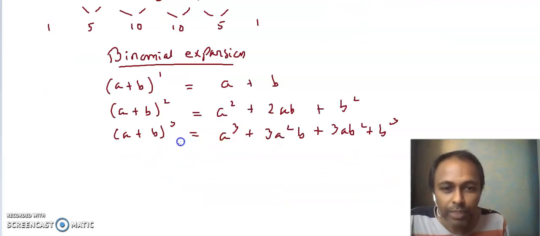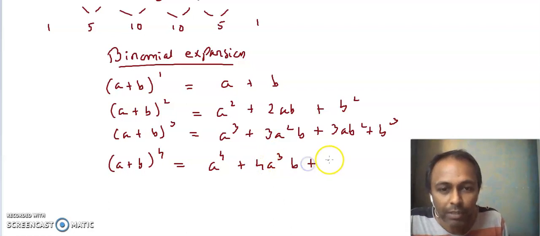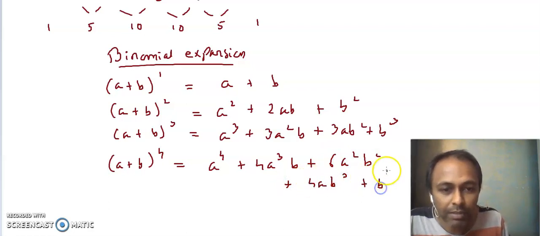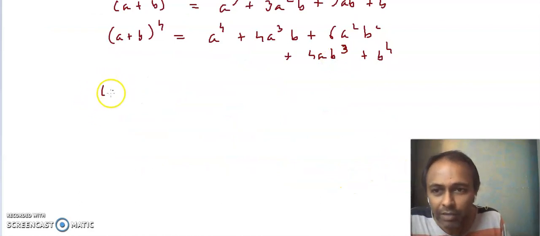Till here, you might be quite familiar with your school syllabus. If we ask you what is (a plus b) raised to 4, then that can be written as a raised to 4 plus 4a cube b plus 6a square b square plus 4ab cube plus b raised to 4. Let's take one more. Say we have (a plus b) raised to 5.